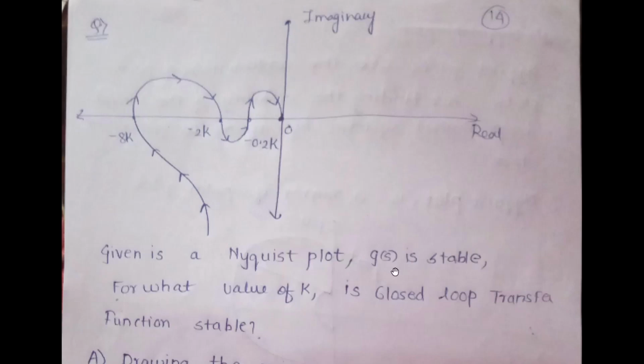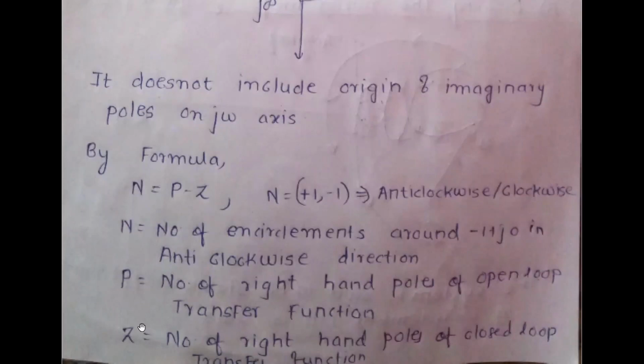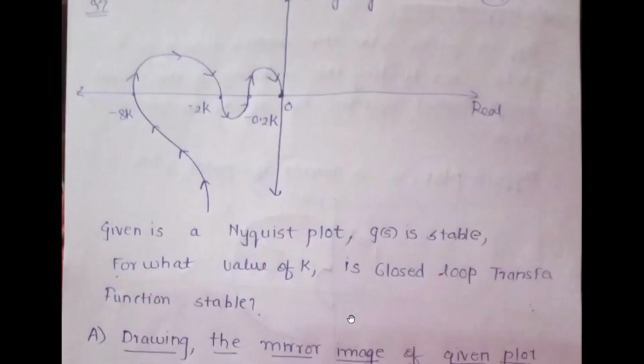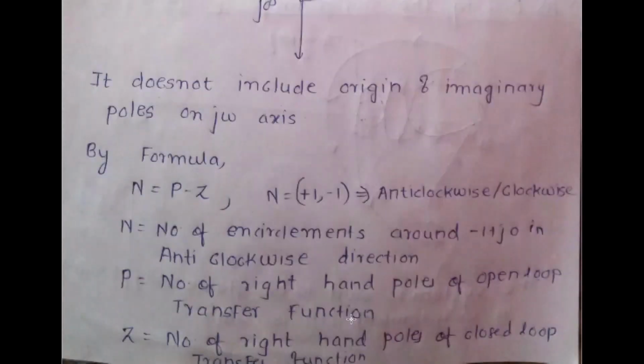If I say that my G(s) is stable, I can say that P = 0. P indicates the number of right-hand poles of the open loop transfer function. If the open loop transfer function is stable, that means the number of right-hand poles of the open loop transfer function will be equal to 0. So in the formula N = P - Z, definitely my value of P is equal to 0.